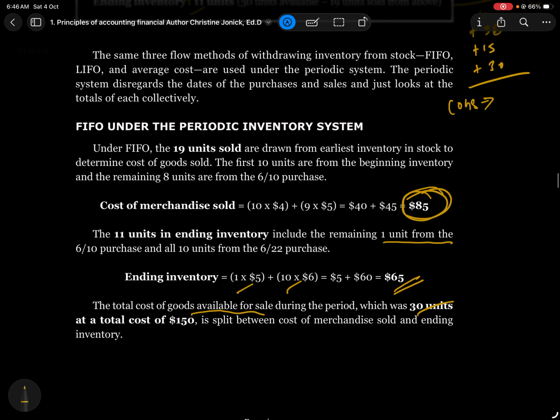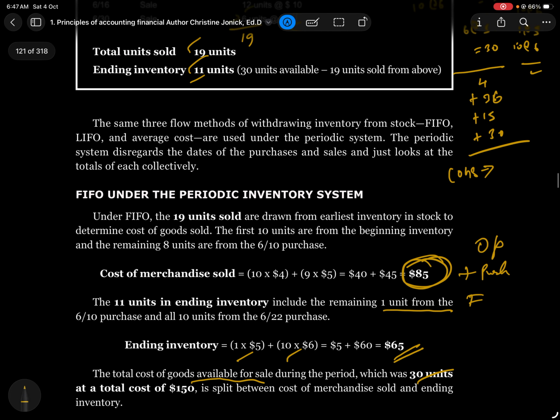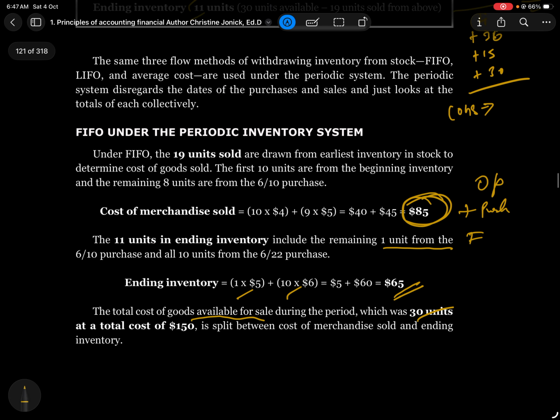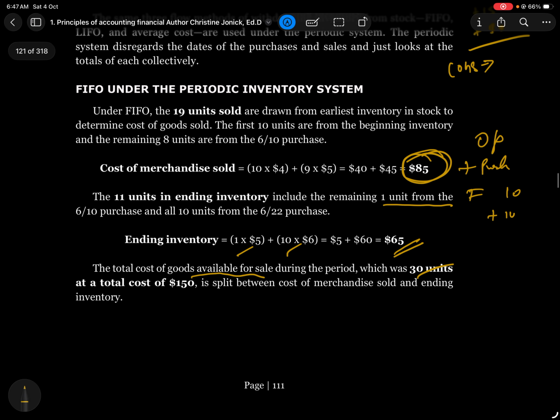Available for sale is what? Opening plus purchases. So opening was 10 units. We purchased another 10, another 10. So 30 was available for sale, right?